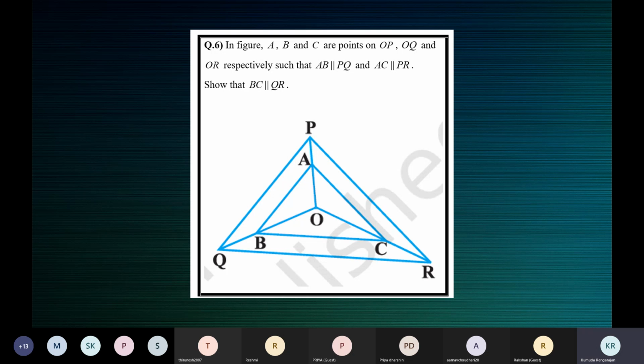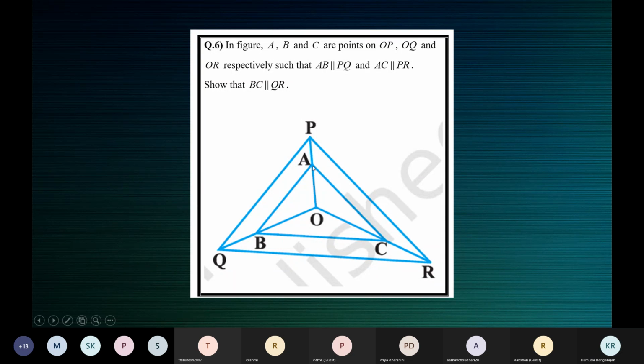Now A lies on which side? A lies on which line segment? PQ, ma'am. The point A lies on which line segment?